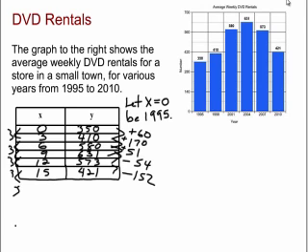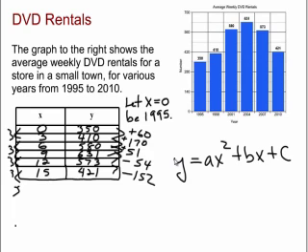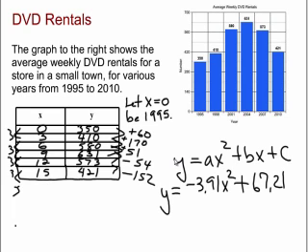So my quadratic model, ax squared plus bx plus c, and I just use those values the calculator found for me: negative 3.91 x squared plus 67.21 x plus 312.86.